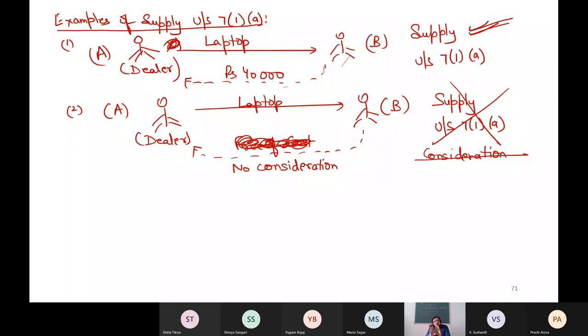So just because someone is not present for 182 days or more, I cannot say that the person is non-resident. I check another condition also. Same is the case here. If something is not a supply under 7(1)(a), I cannot say that it is not at all a supply. Government says no issue, wait. You have 7(1)(b) as well as 7(1)(c) also. Only then you take a decision. Similarly, next.